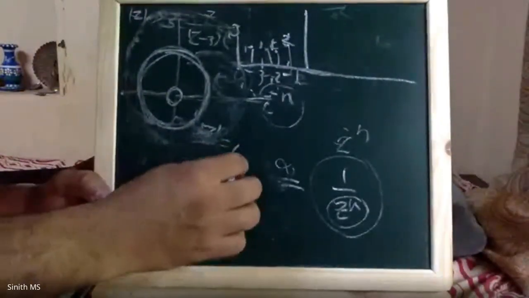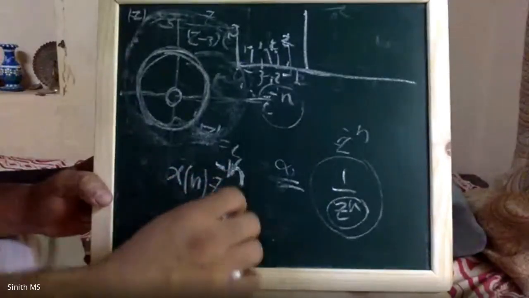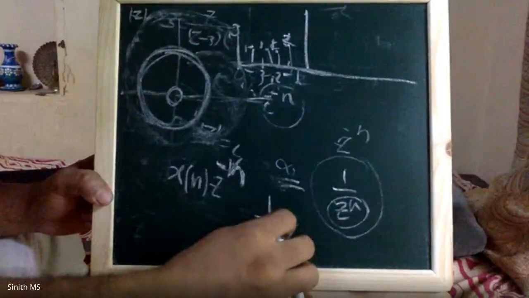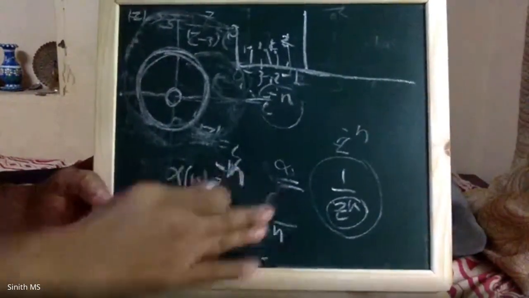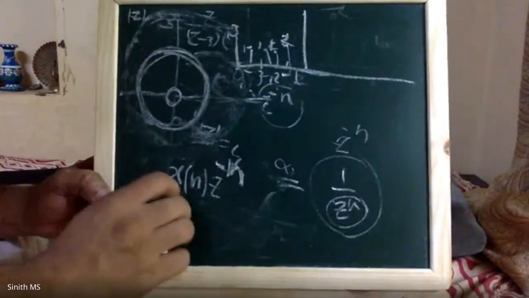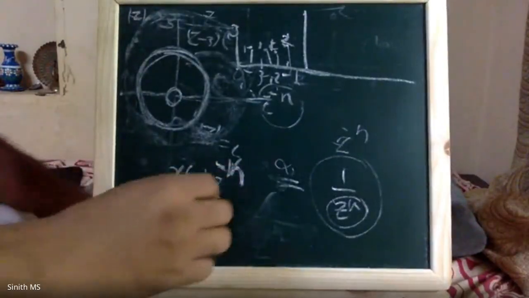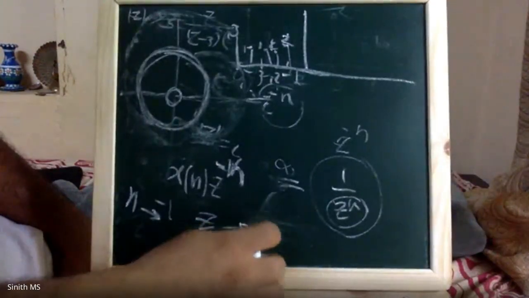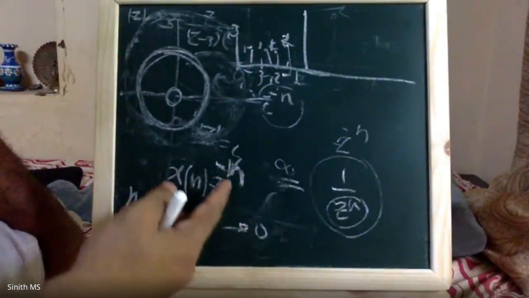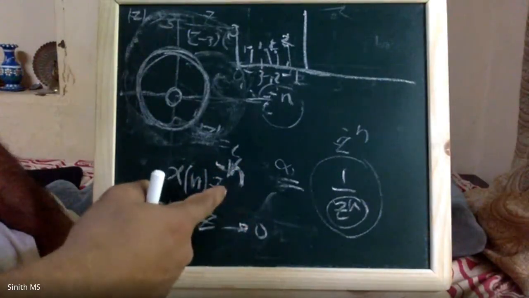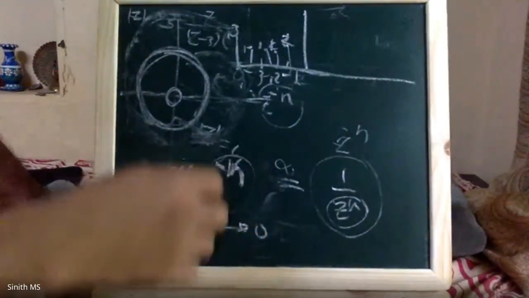Your n values are all negative. So you have 1 by z raised to n. As z tends to 0, z raised to minus n, as n is negative, will tend to 0 and will converge.